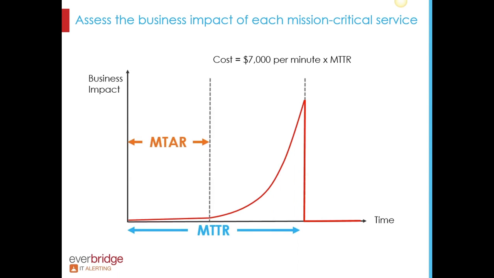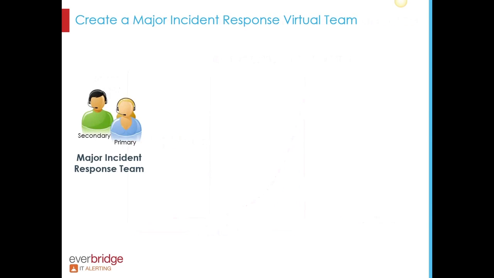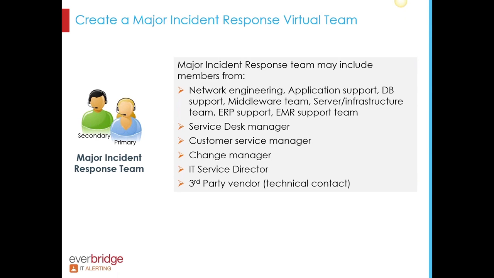The next thing you want to do is create a major incident response virtual team. That's going to be the team responsible for responding to an incident. So based on the incident, you're going to put together this team, which is going to include members from different departments, different teams. Network engineering, you may need application support, database support, a few people from the middleware team, server infrastructure.